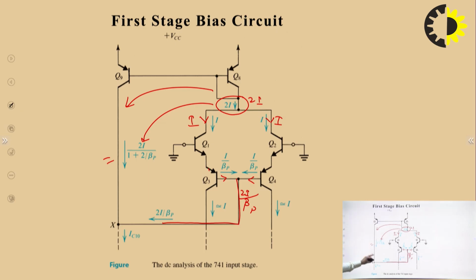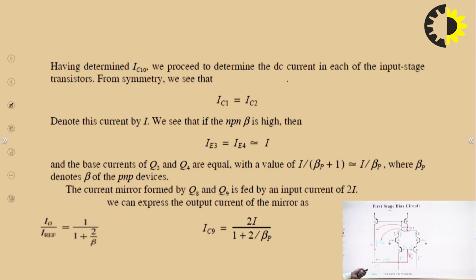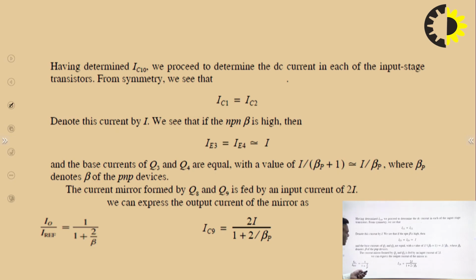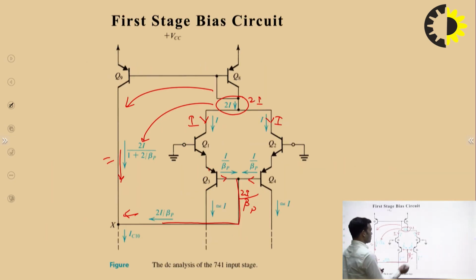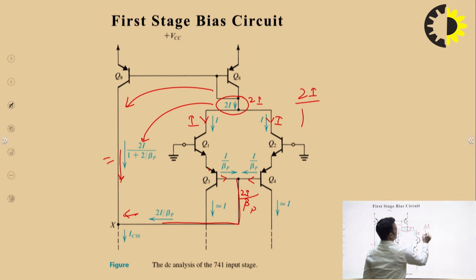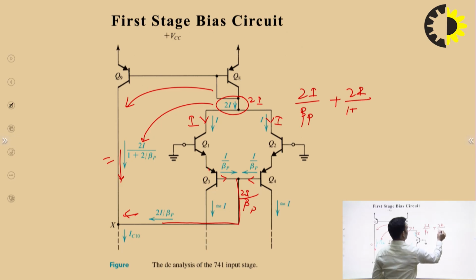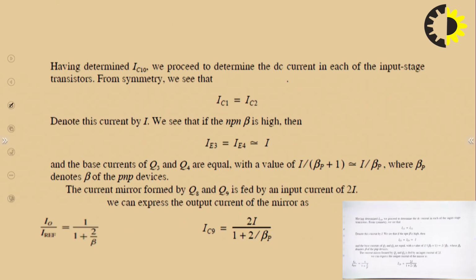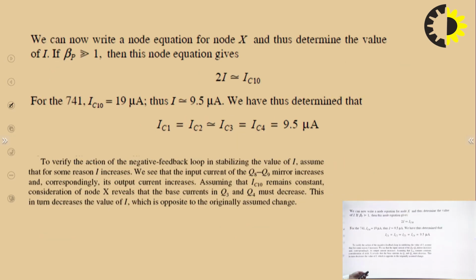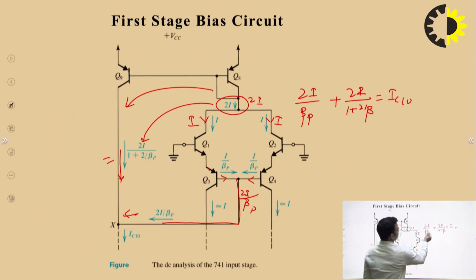If you see here, this current plus this current will be equal to IC10. So we can simply write that 2I upon beta P plus 2I upon 1 plus 2 upon beta P is equal to IC10. This is what I have already discussed with you. If you consider that beta is much greater than 1, that means very large, then this factor will become almost 0.